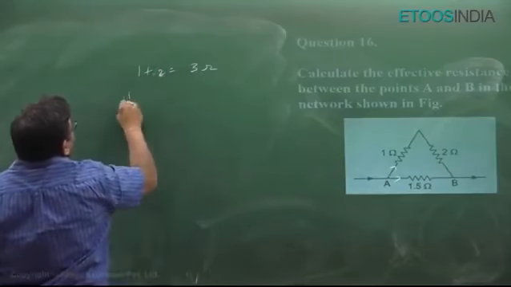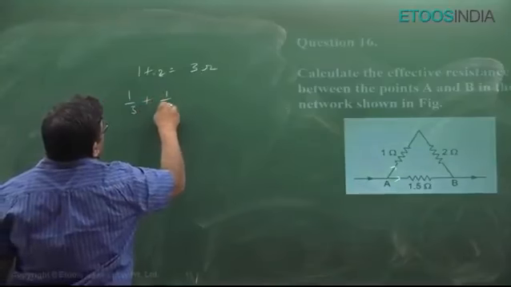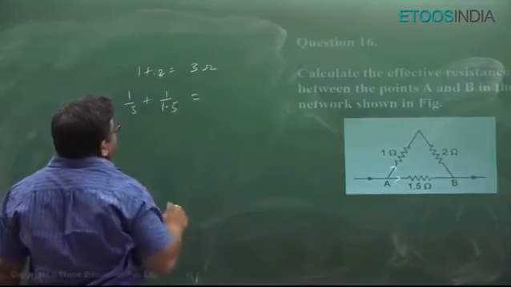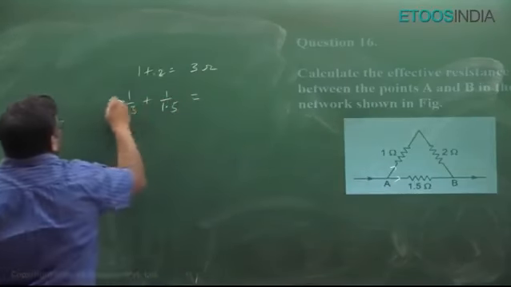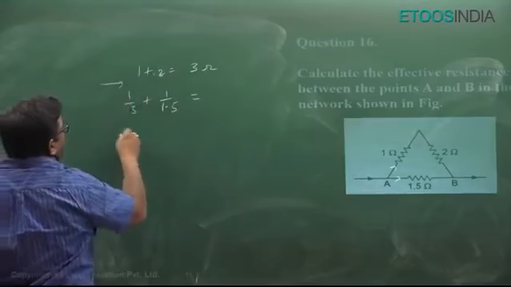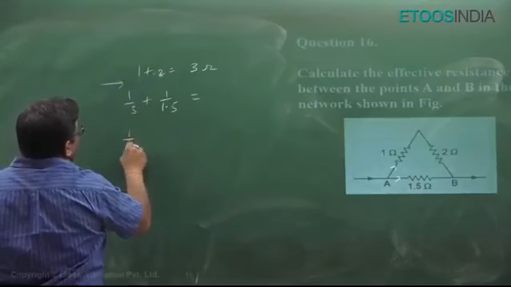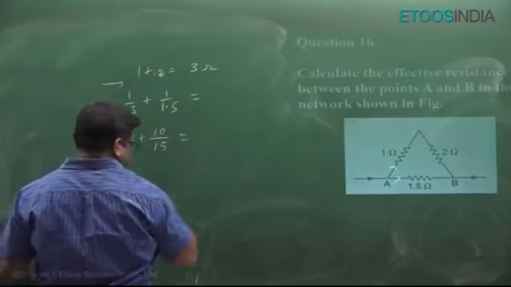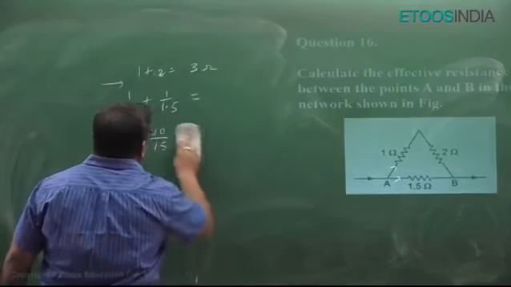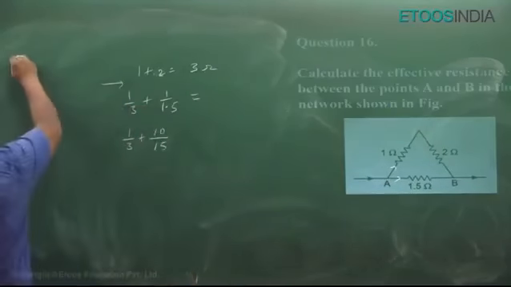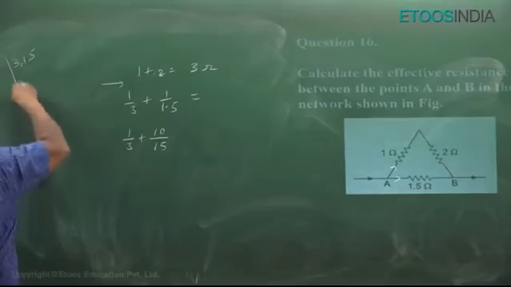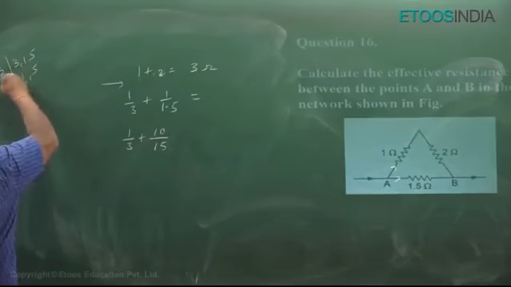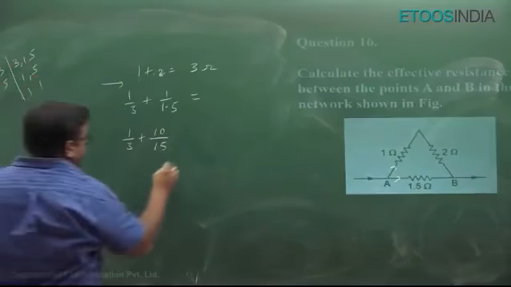Now this one is connected in parallel with 1.5. Is it clear? So to find the total answer now, I'll just do 1 upon 3 plus 10 upon 15. We know that 3 and 15 have LCM 15.